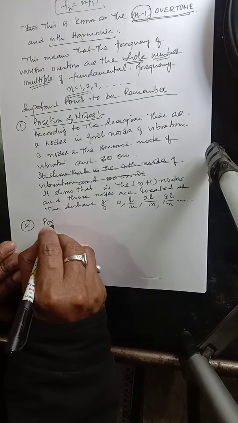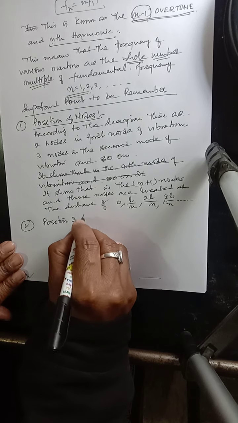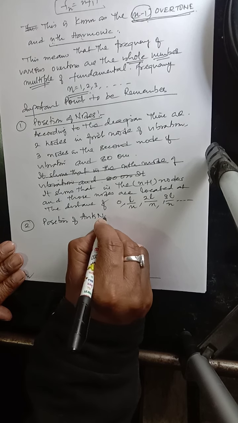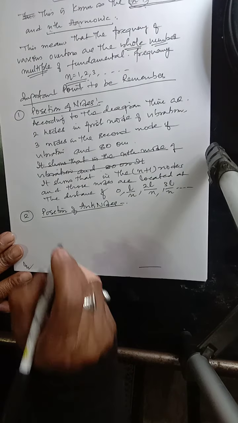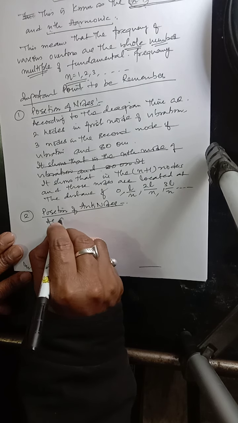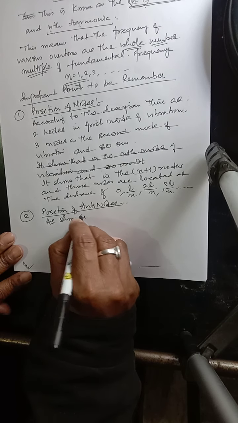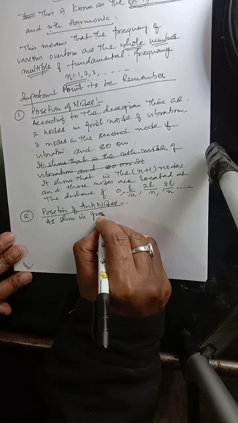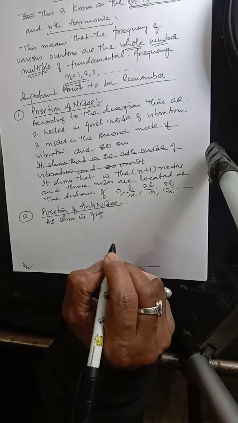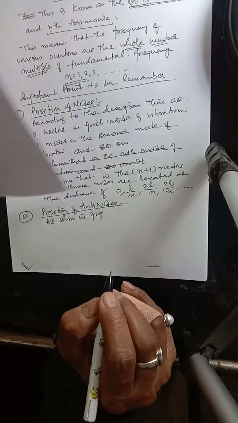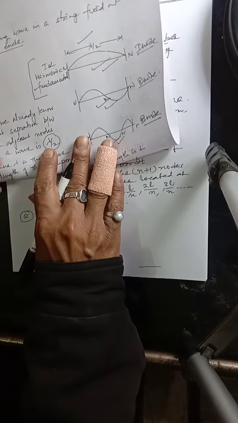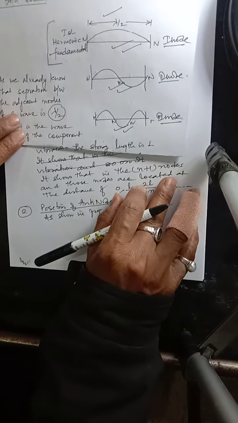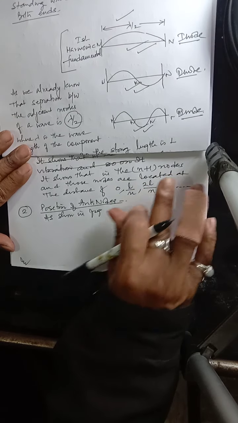Now the second is the position of antinodes. Again, as shown in the figure. In which figure? It's the same figure which we are discussing now. We are talking about these figures.